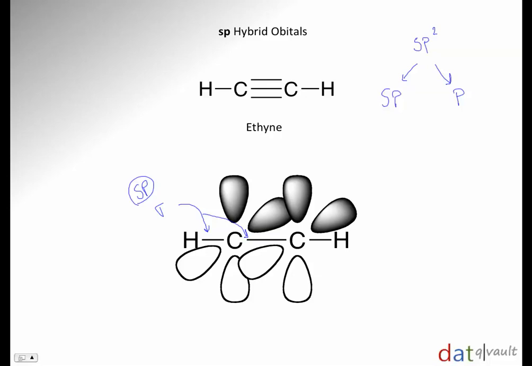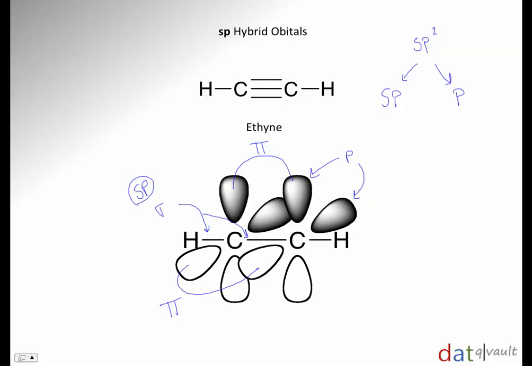The p orbitals are these orbitals here, and the other p orbital is completely perpendicular to the first p orbital in an sp hybrid orbital. These orbitals interact with each other like this and like this to form now 2 pi bonds.